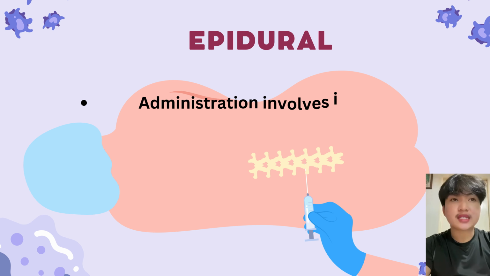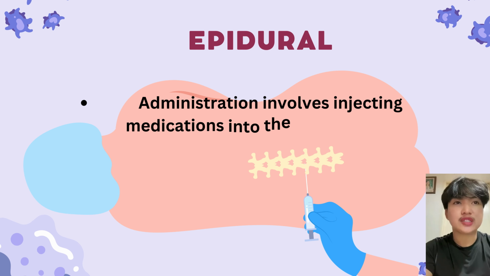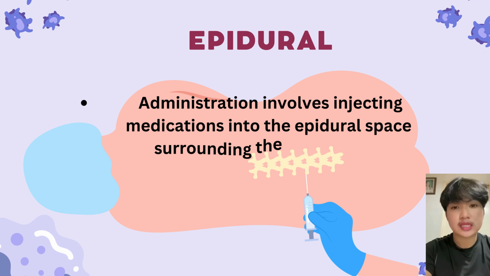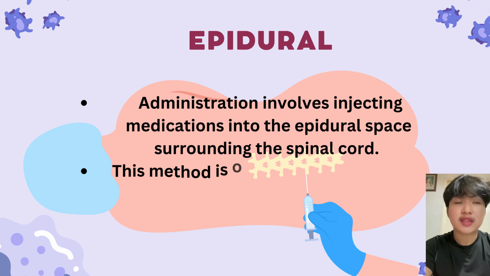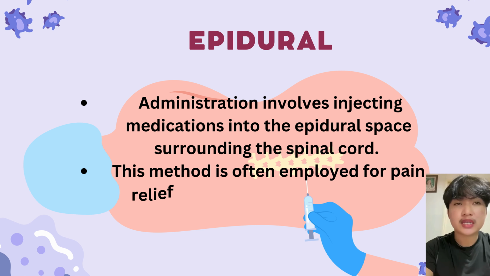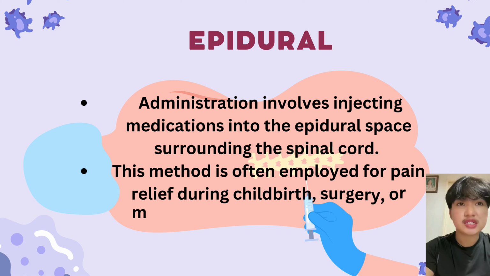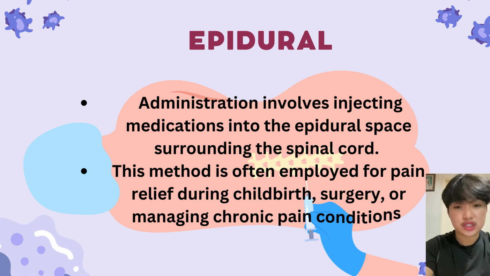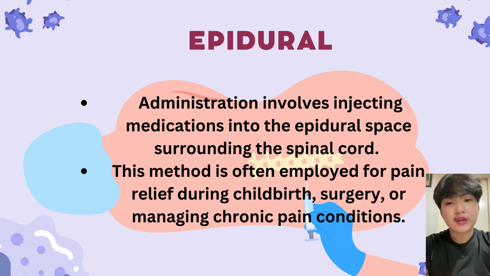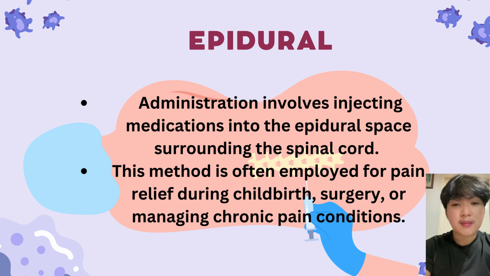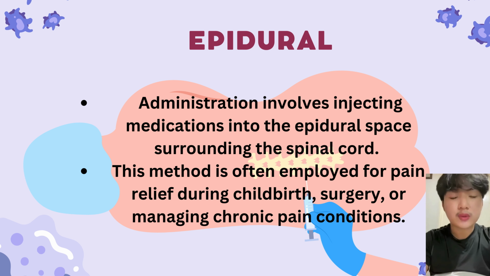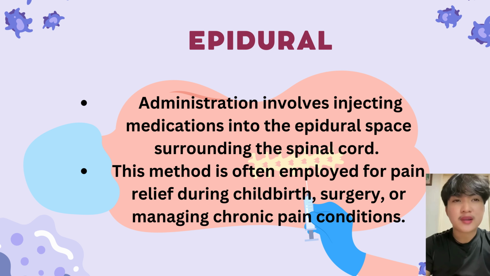Epidural. Administration involves injecting medication into the epidural space surrounding the spinal cord. This method is often employed for pain relief during childbirth, surgery, or managing chronic pain conditions. So, this route is commonly used when the mother is having a childbirth or in labor, or this is also being used in surgeries and for managing chronic pain conditions or back pains.